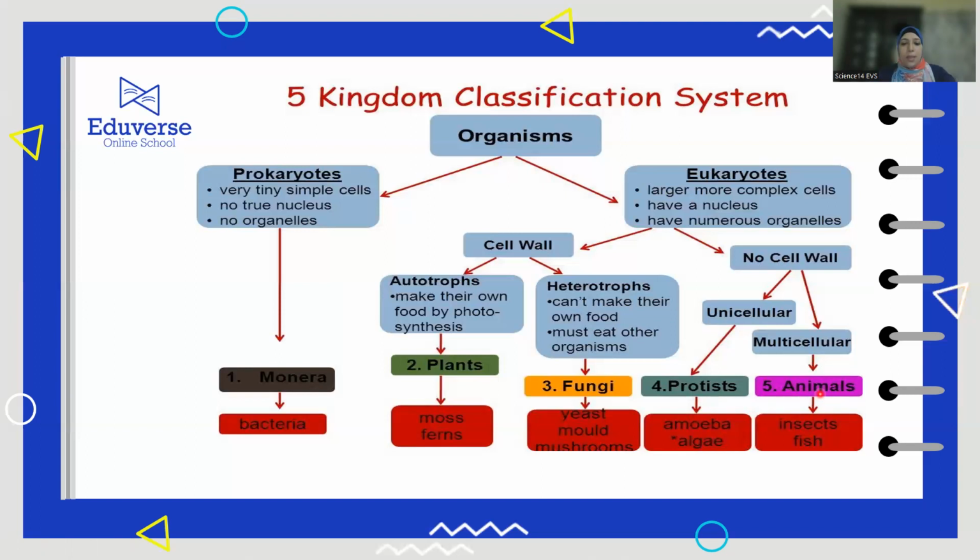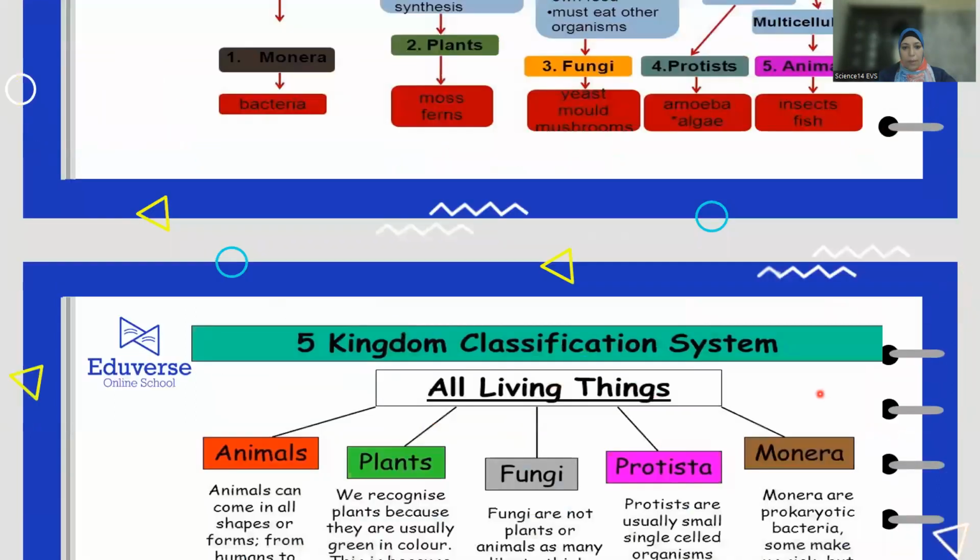Then we will discuss about 7 classes: Agnatha, Chondrichthyes, Osteichthyes, Aves, Reptilia, Amphibia, and Mammalia. In class Mammalia, we will discuss 3 subclasses: Prototheria, Metatheria, and Eutheria. In subclass Eutheria, we will discuss 11 orders with different examples and properties.